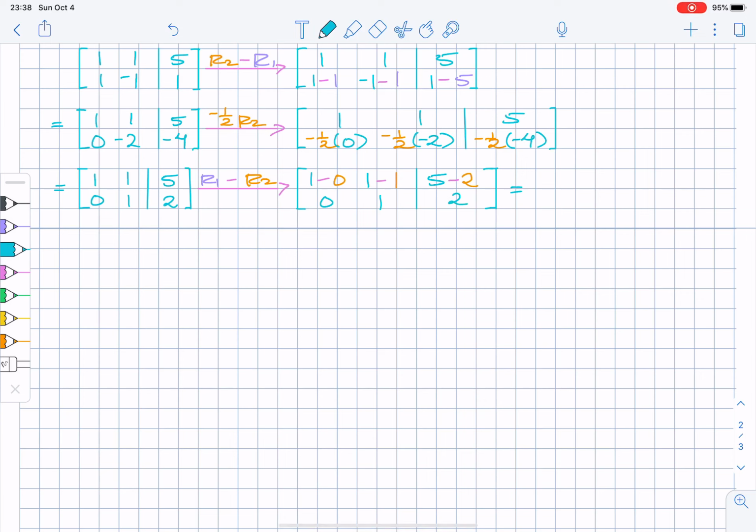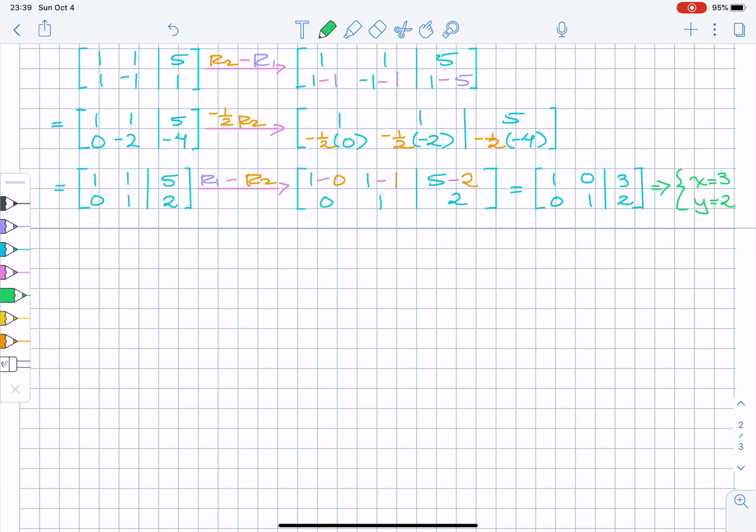So what this gives us in the end will be the system 1, 0, 0, 1, augment, 3, 2, and if you note, that actually gives us x equals 3, y equals 2, and we're done with that one. Not that you had to do that last part, but it's interesting to note it.